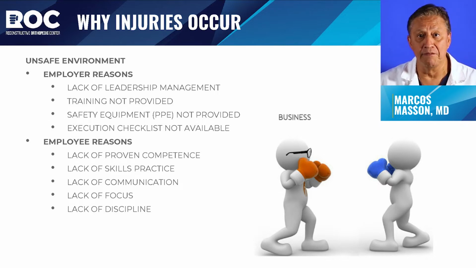PPE is very important for all safety activities depending on what is being done, if it's relating to heights or if it's relating to any chemicals or asphyxiants. Finally, execution checklists should be available for every activity, and many times is not. And an execution checklist is a checklist that demands discipline by everyone not to overlook something that is frequently missed.